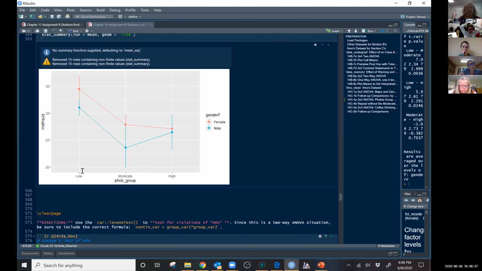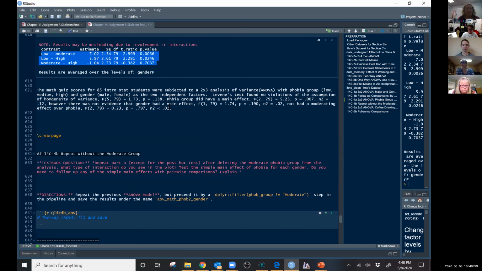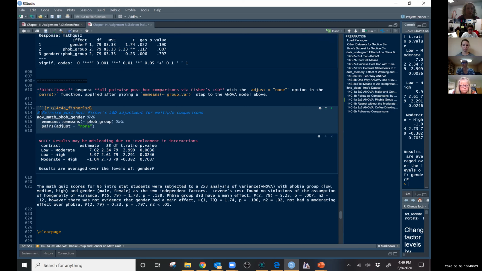So we could say that low phobia scored substantially better than the moderate and the high phobia groups. Look, this sentence is halfway written for us.